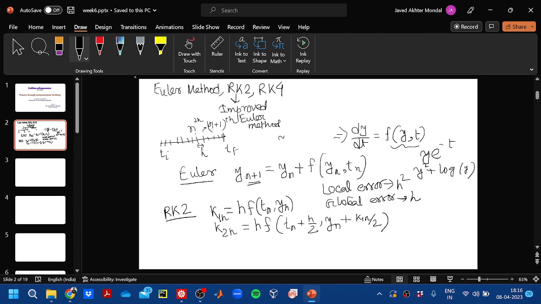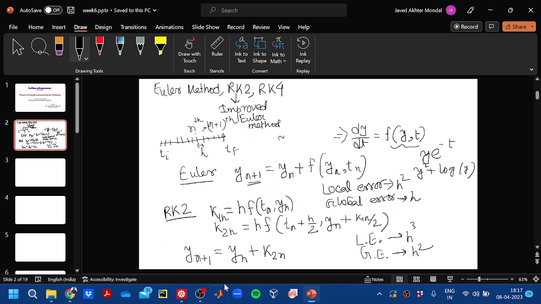From these, y of n plus 1 equals yn plus k2n. For RK2, the local error is of the order of h cube, and the global error is of the order of h square.